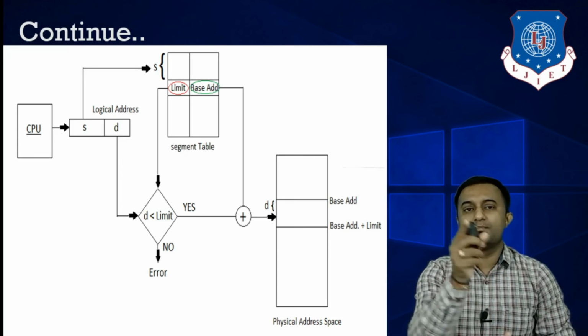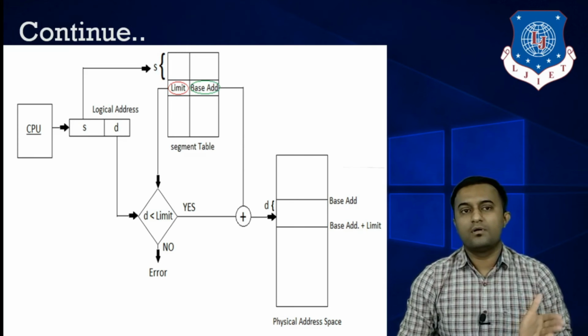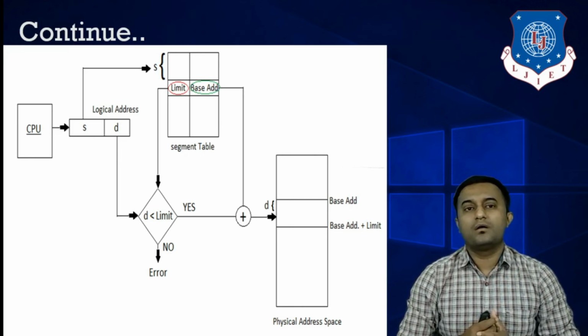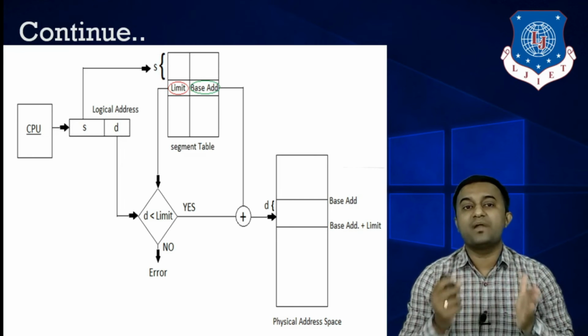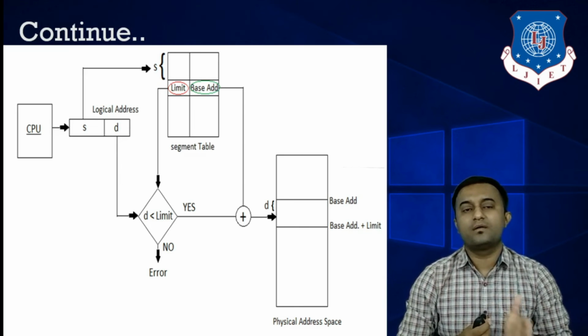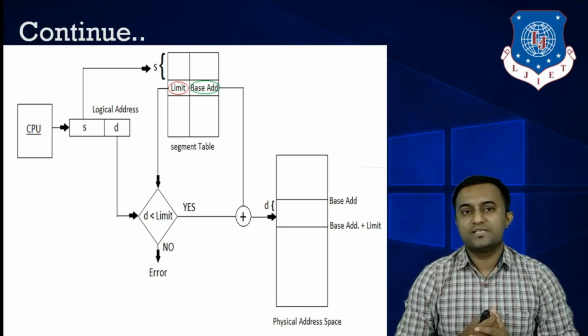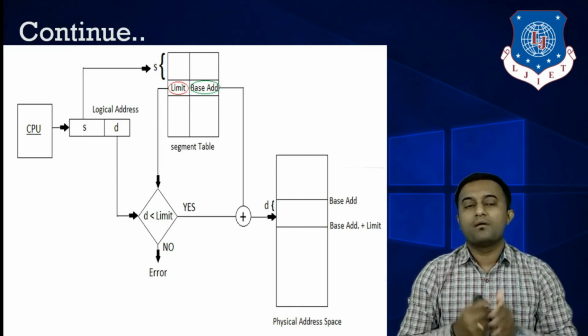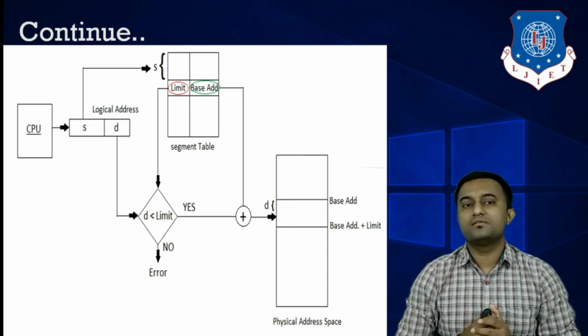Fine. So the CPU generates this logical address and requires a particular segment number. That requested segment number will be forwarded to the segment table, which will have the information regarding this particular segment.